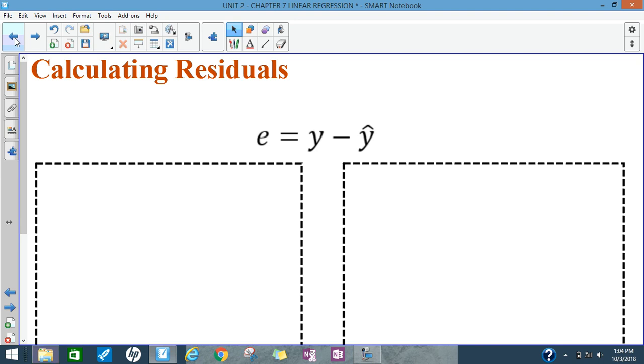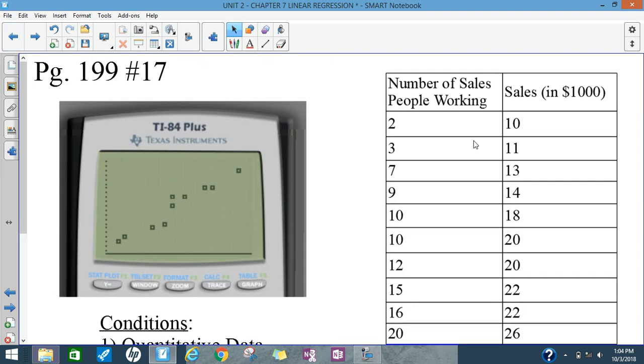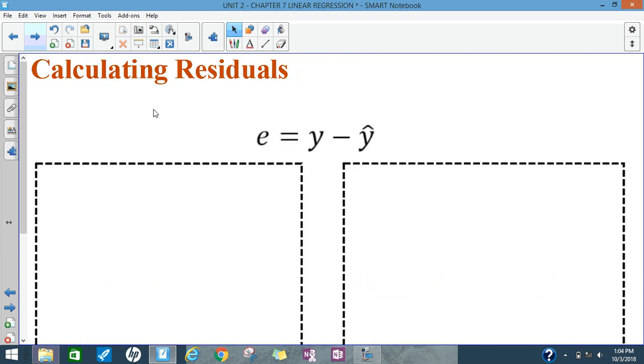And then we could go look, and I'm going to go back. We can go look at the amount of sales we actually had for 3 workers, so 11,000. We could subtract the 11,000 minus the predicted value, and we would get a residual. If the residual was positive, that means that our data point was above the line. If the residual is negative, that means our data point is below the line.